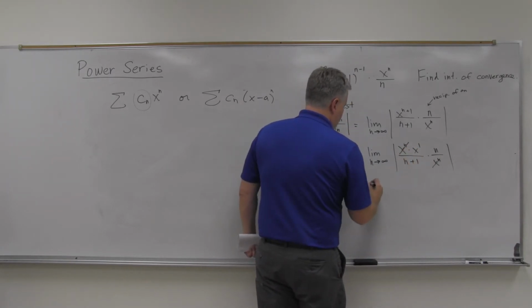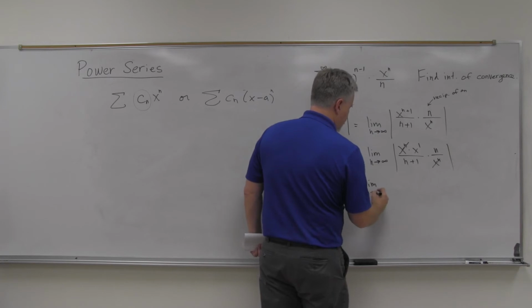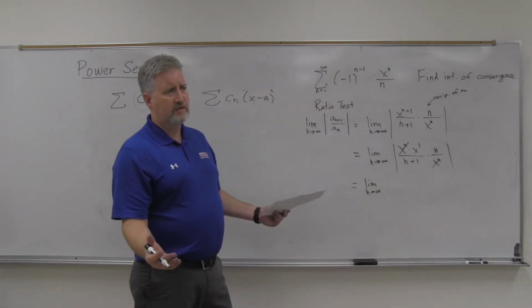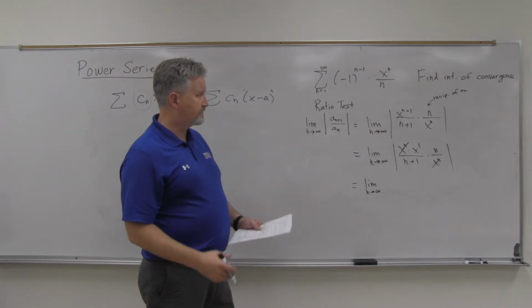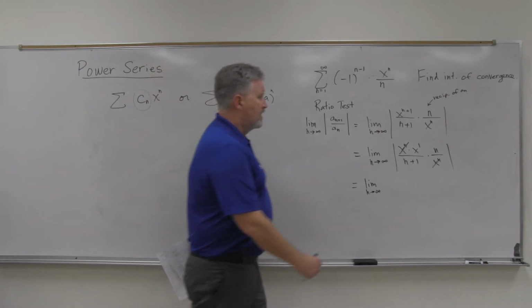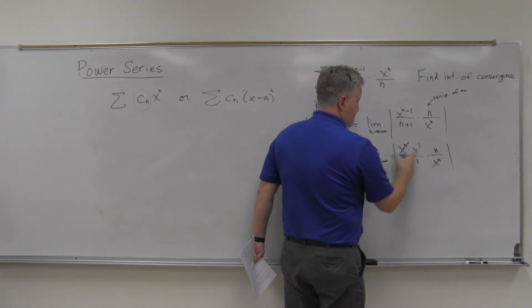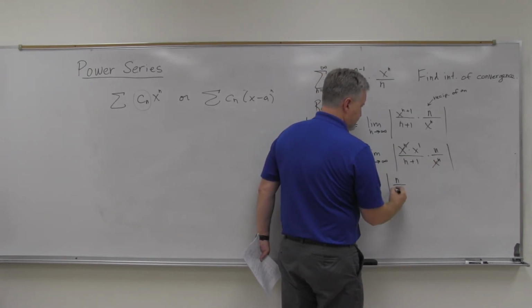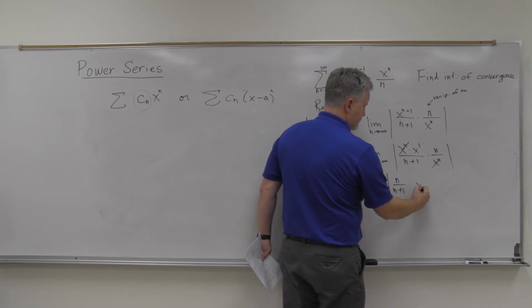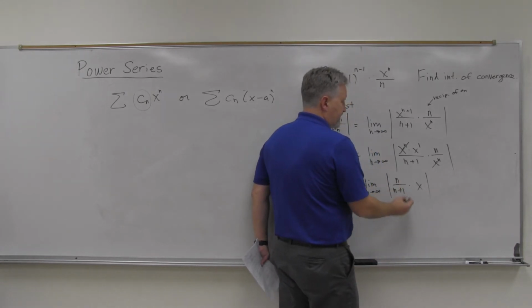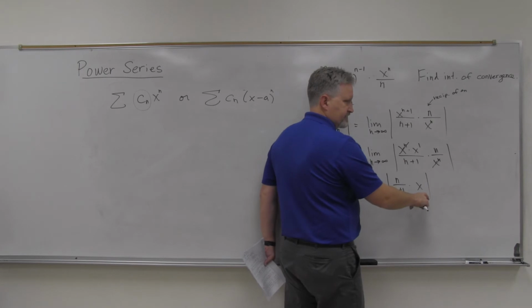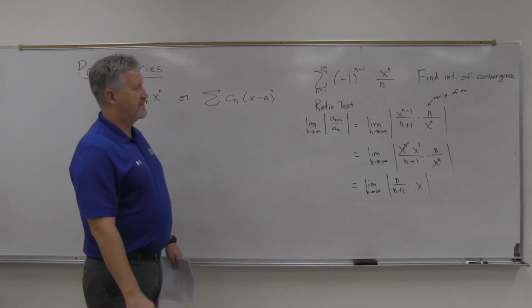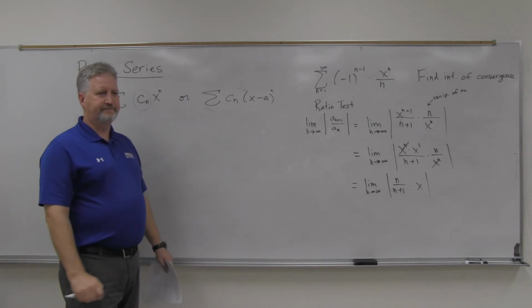Now, here's where it goes different than the ratio test for regular series, not power series. Usually what you want to do is separate out the n's and the x's. Put the n's together and the x's together. In this case, there's only one x, but separate those out.